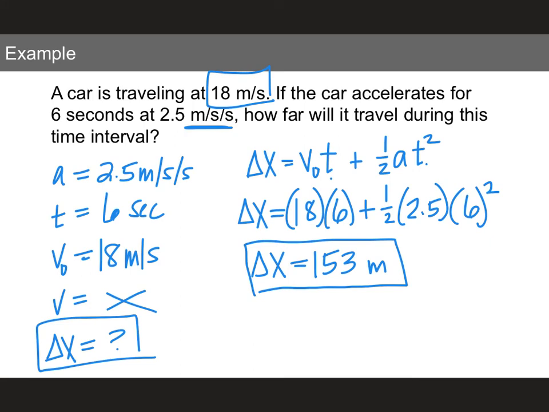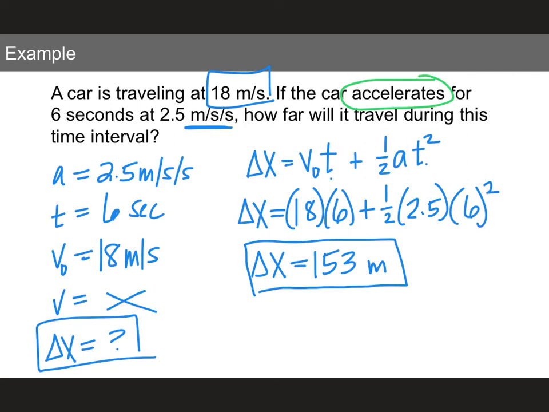All right, let me ask a question now. Hypothetical. What would happen if in this problem the car decelerated instead of accelerating? How would that change our setup?